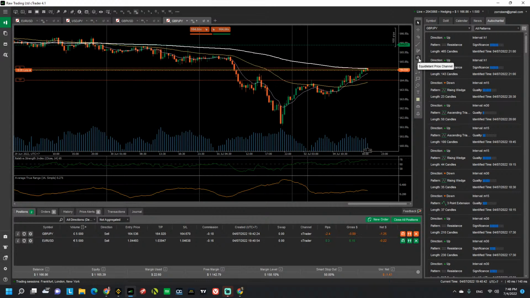So there is a possibility it will go there, or goes to this target. So right now we're negative.